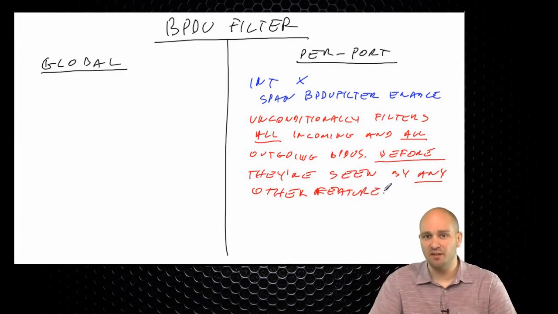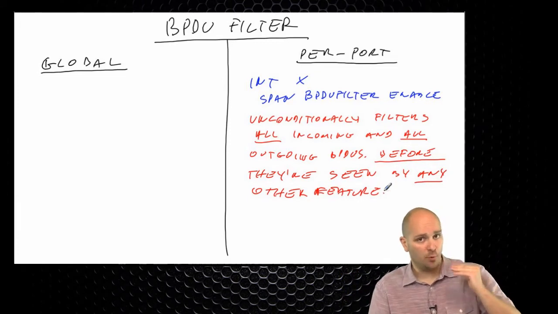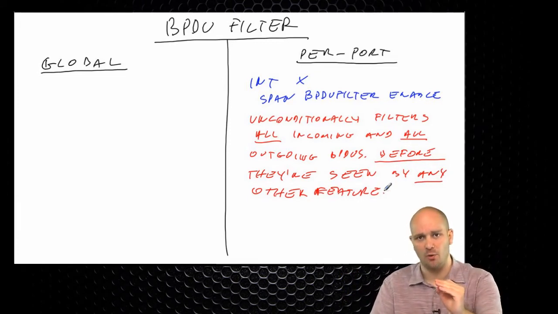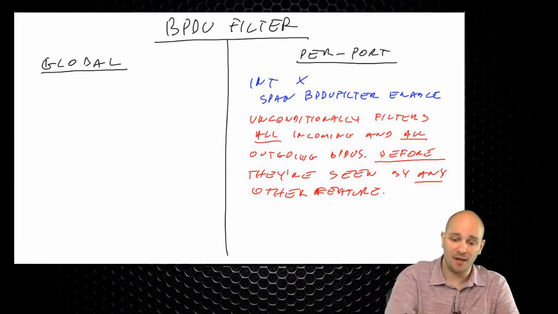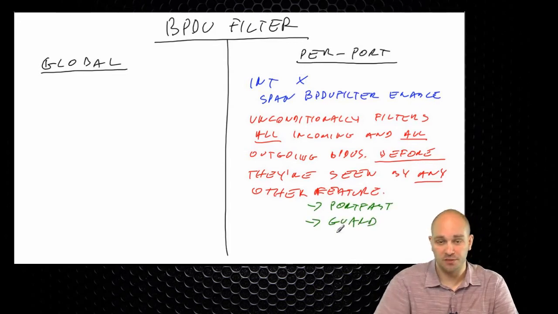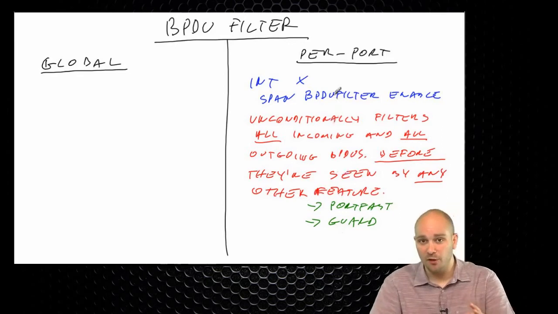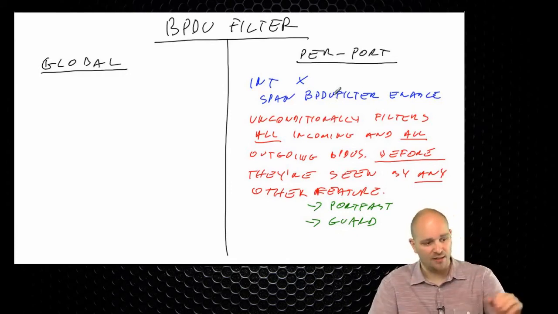This is an equivalent of turning off spanning tree on that port. So this port will not send a single BPDU out, and all incoming BPDUs will be dropped before they are seen by any other feature. And by this any other feature, what I actually mean is Portfast or BPDU guard. So if I configure BPDU filter on the port, no BPDUs will be sent or received on that port. So let me demonstrate that in action.